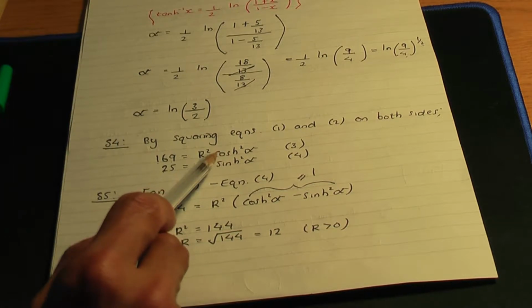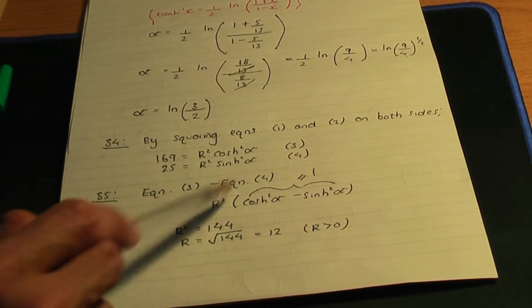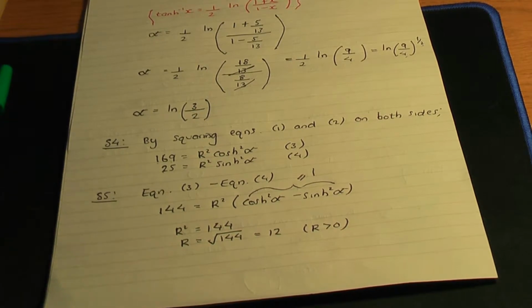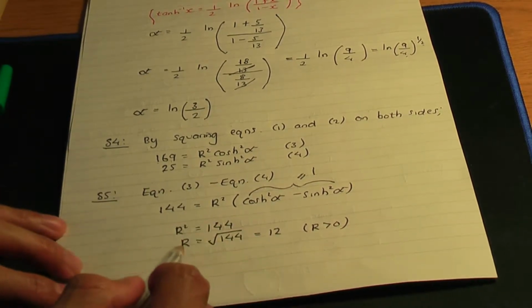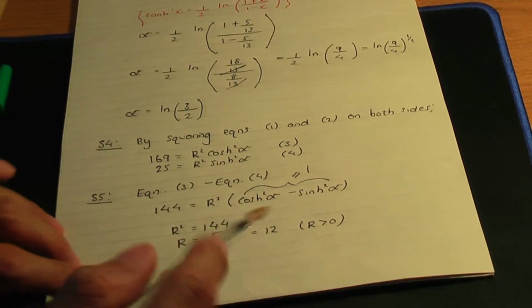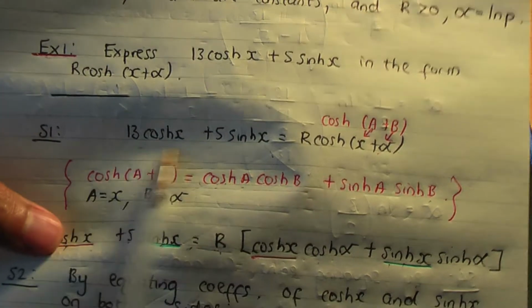Calculate the hyperbolic cos squared minus the hyperbolic sine squared equation, so do it in that particular order. In this case, it's going to be equation 3 minus equation 4. So let me replace the r and the alpha finally into this initial equation.